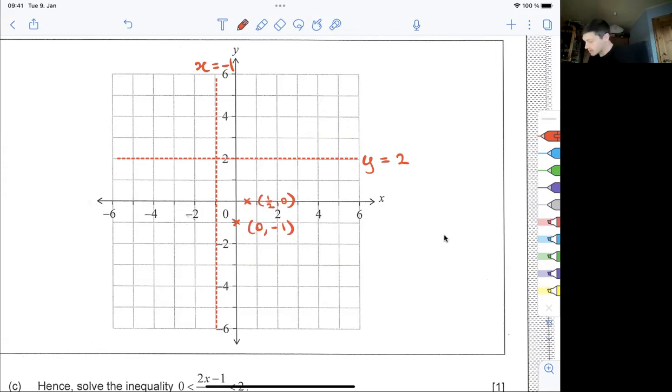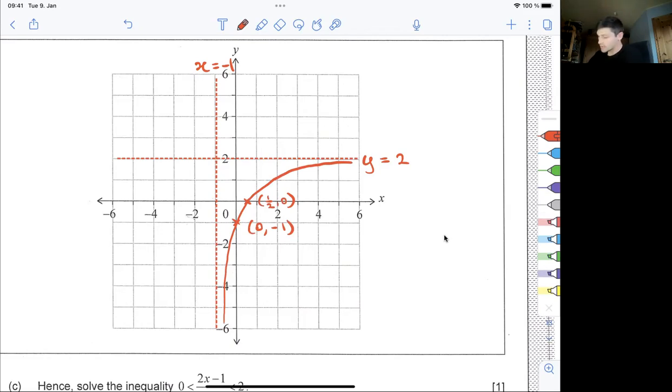So we've got to go through our y-intercept and x-intercept, and we'll get a line somewhat similar to this here. Then as x increases, this line gets closer and closer to y is equal to 2, but never touches it. Equally, as x tends towards negative 1, we know that our function tends towards negative infinity.